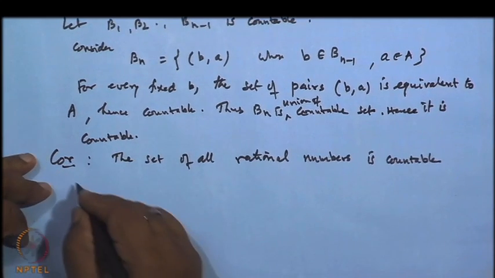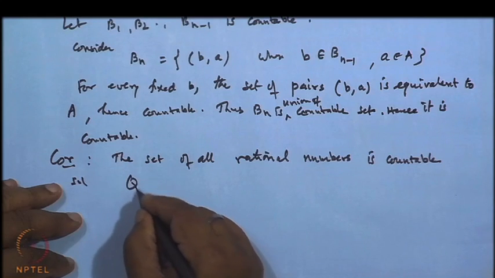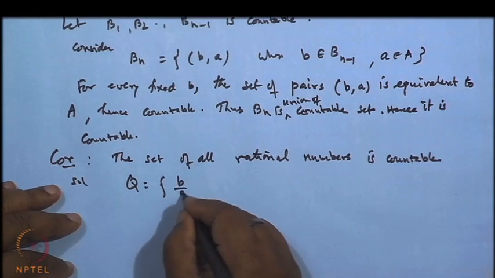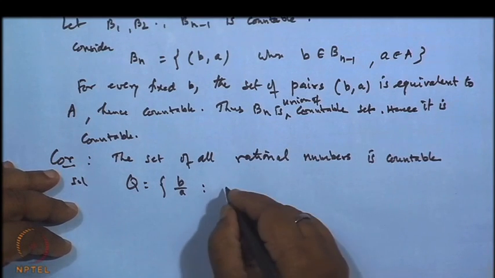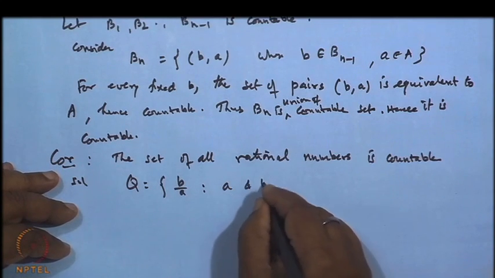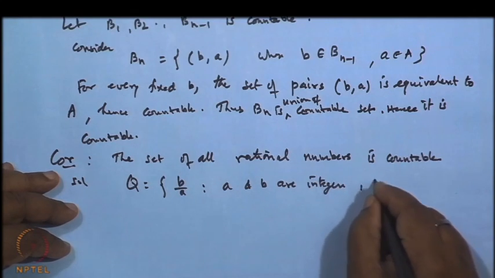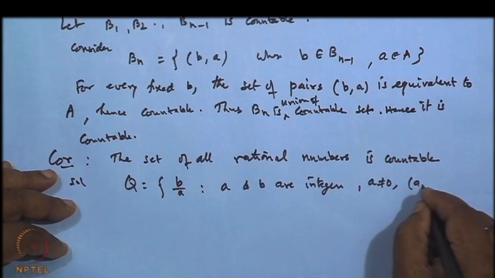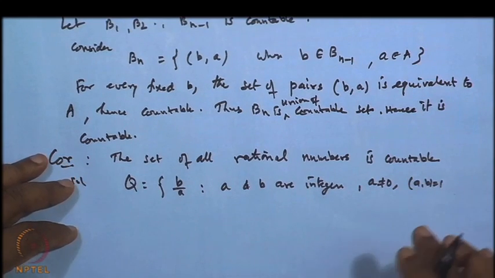What is a rational number? The set of rational numbers Q is basically of the form B by A, where A and B are integers, A is not equal to 0, and they do not have common factors.